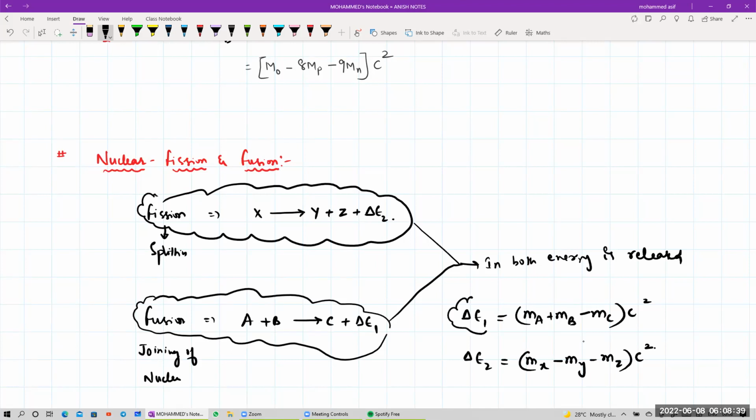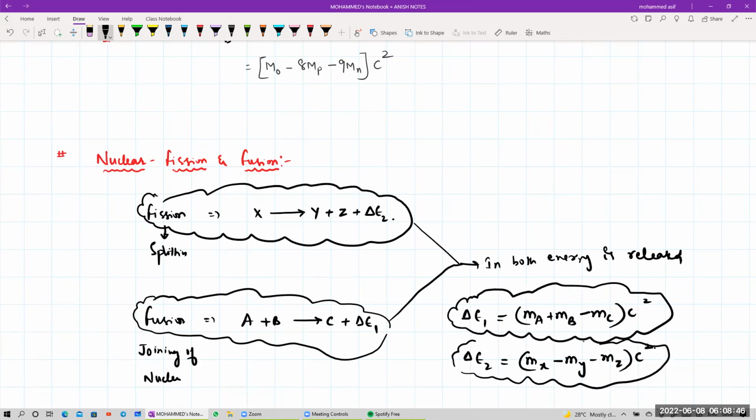These are very important relations, regularly asked questions in JEE Main. How do you calculate this energy in both the processes? In both cases energy is being released, and how you calculate that released energy is important. So in fusion it is mass of A plus mass of B minus mass of C, whereas in fission it is mass of X minus mass of Y minus mass of Z into C square. Clear?